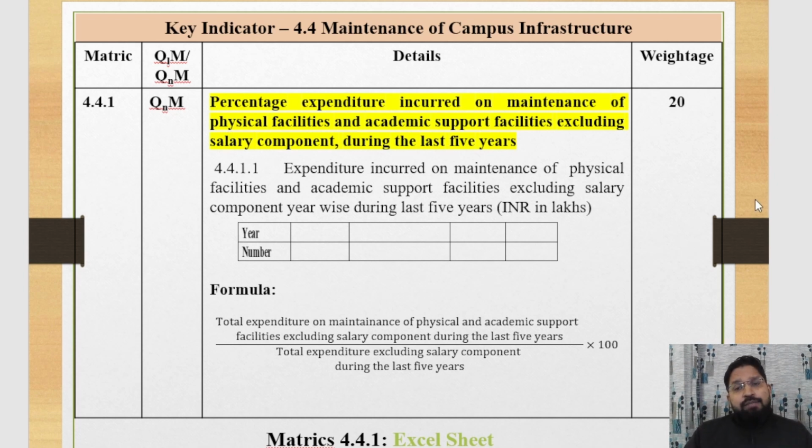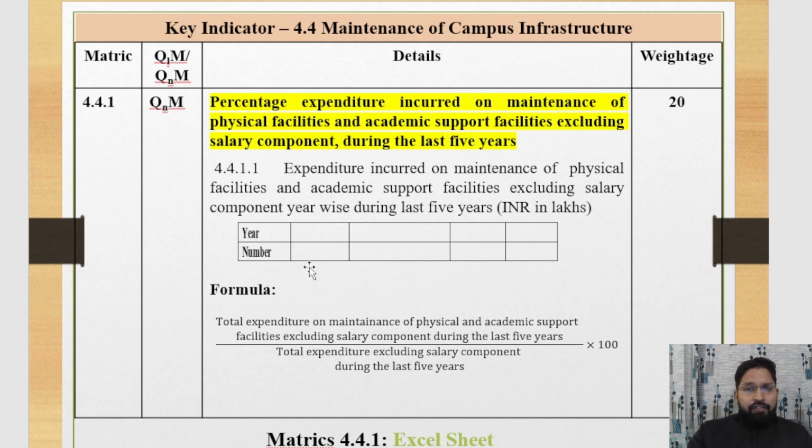This matrix is dedicated to the maintenance of the campus, infrastructure and other facilities and academic support facilities. Here we give the year and the percentage of expenditure.